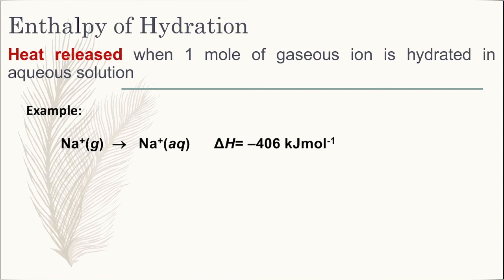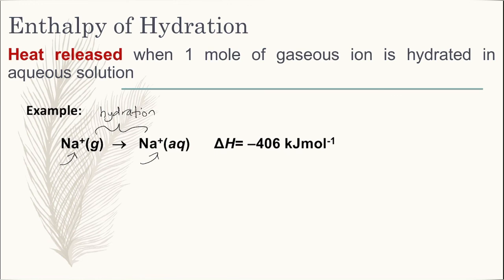In this example, gaseous sodium ion is converted into aqueous sodium ion, and the process that occurs here is called hydration. And the heat released from this process is called the enthalpy of hydration.